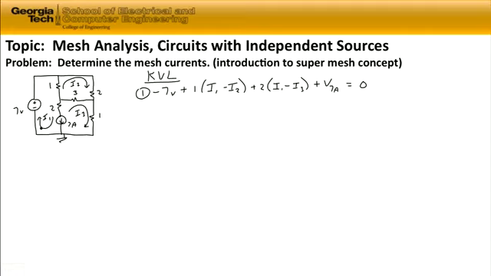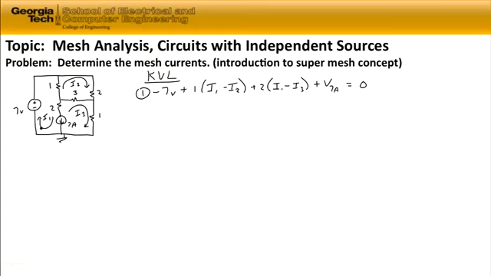We can't solve this problem with 4 unknowns and 3 equations. So this brings up the concept of a supermesh, which allows us to write our 3 independent equations without encountering the voltage drop associated with the 7-amp source.